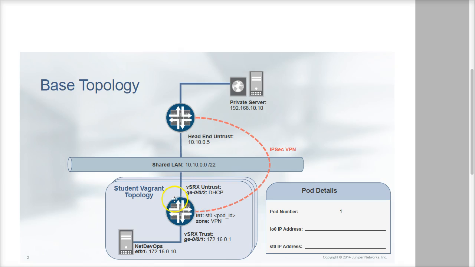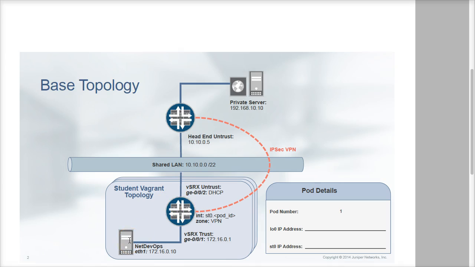Now, with this setup, the DevOps machine .10 has a private IP address. So when it tries to go out and access the internet or the other machine, it will fail. So what we're going to do in this lab is apply NAT on SRX.